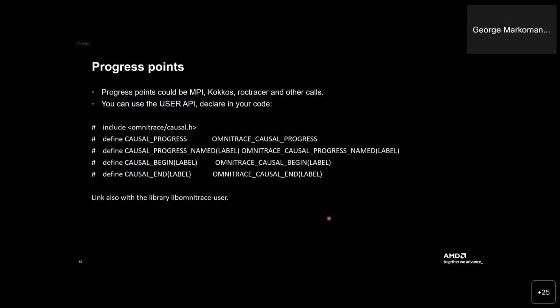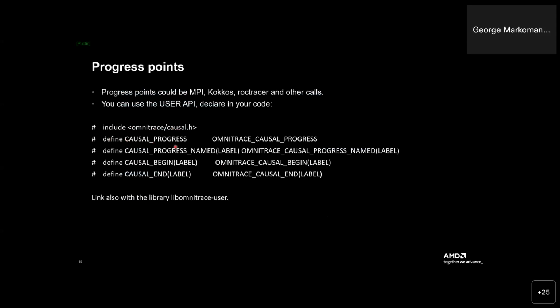Progress points could be MPI, Cocos, Rock Tracer, and other calls. You can use the user API to declare the progress points in your code. How do you do that? Include Omnitrace causal.h, define causal progress.